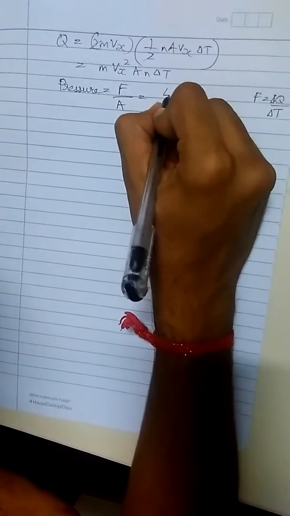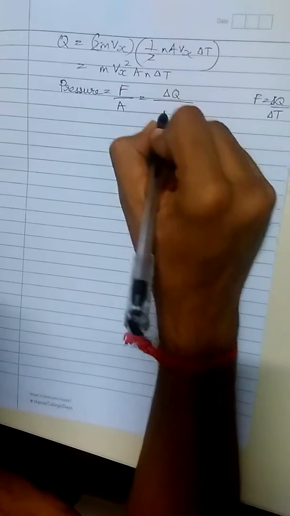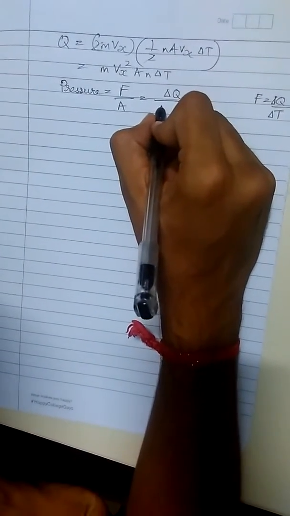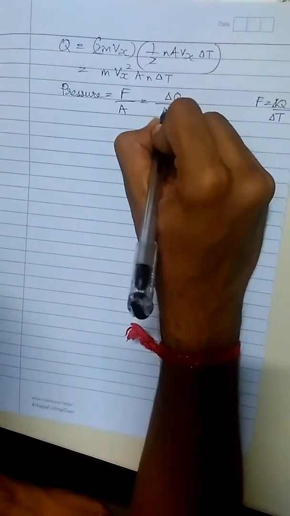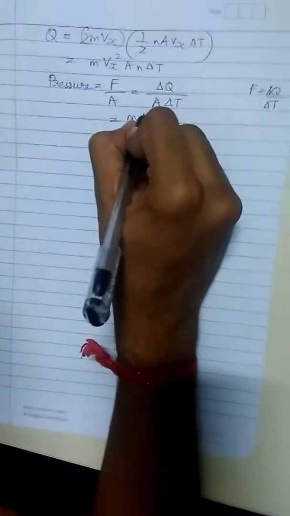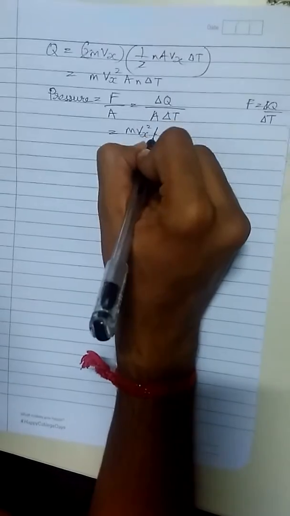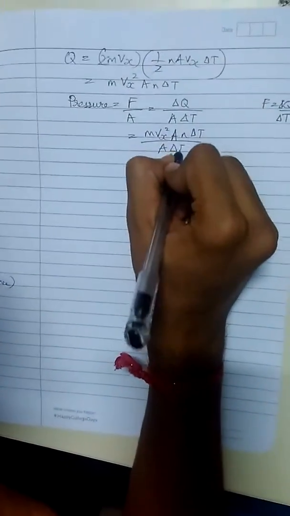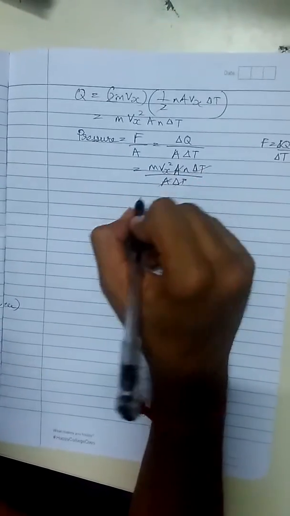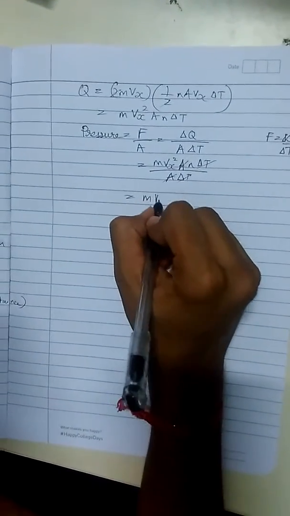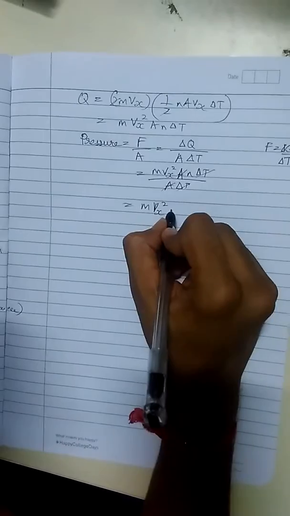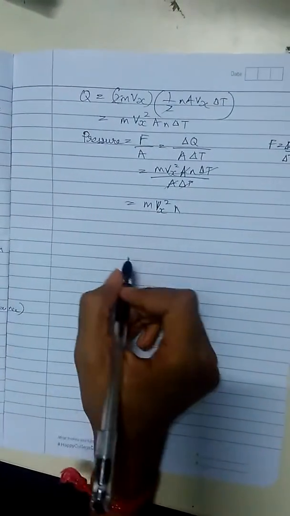So we can write this as force is delta Q by delta t, into A. Delta Q is m vx square A n delta t by A delta t. A delta t and A delta t will get cancelled to give us the equation m vx square n.